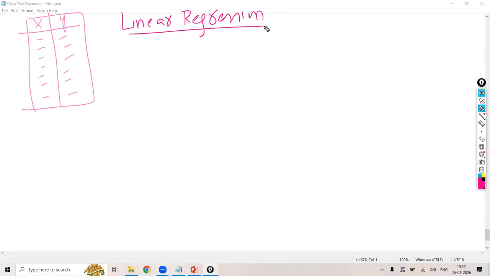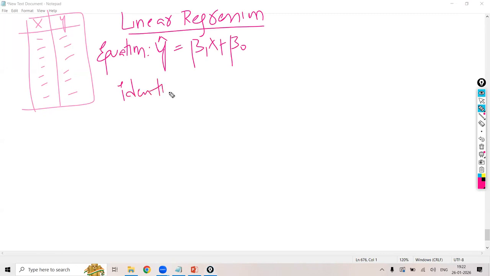First, linear regression. First, I'm writing the equation; in everything I will do the same. What is the equation? Beta 1 x plus beta naught. Now, how to identify the unknown values? X is known, these values only.